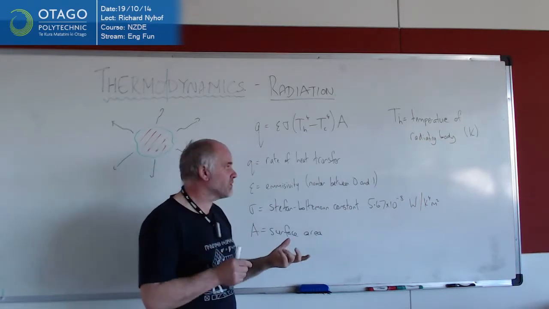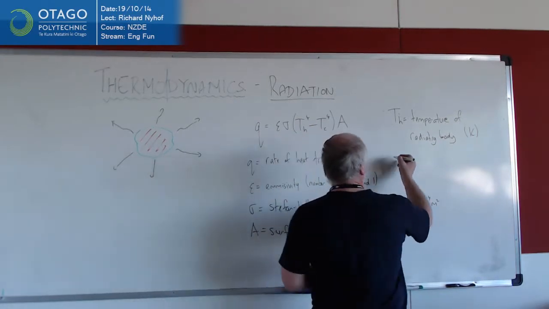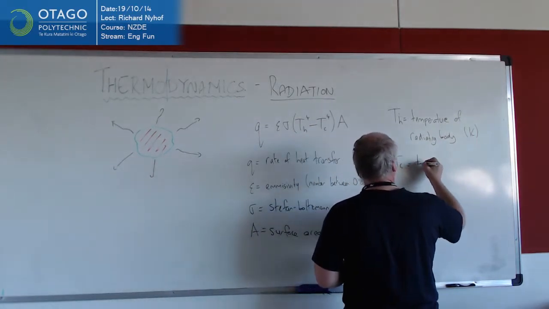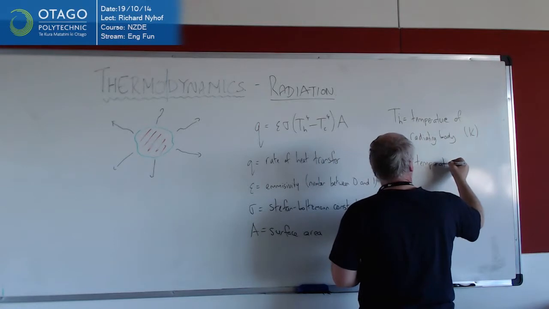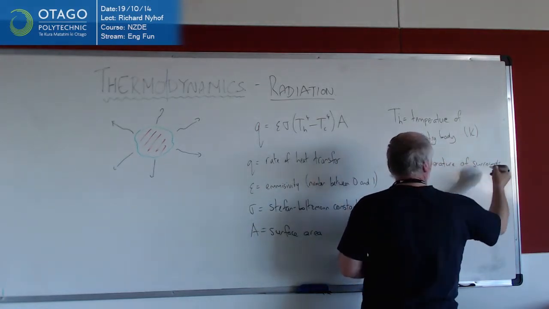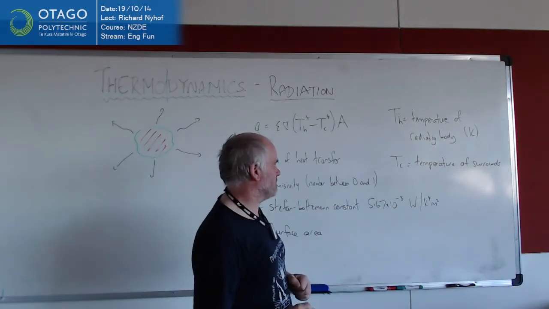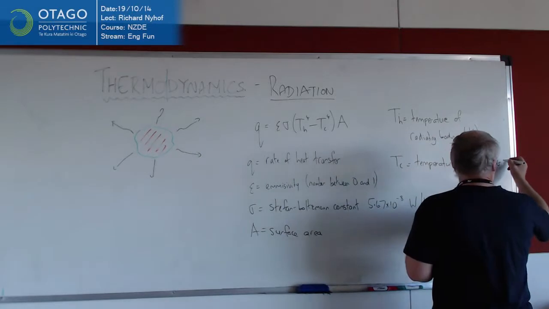So if you don't take it back to Kelvin, it'll stuff up. It must be in Kelvin. And TC is the temperature of the surrounds. Okay, so whatever it is that the thing is radiating into, that temperature is TC. And again, that must be in Kelvin.